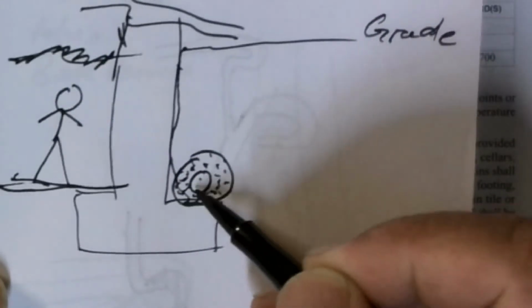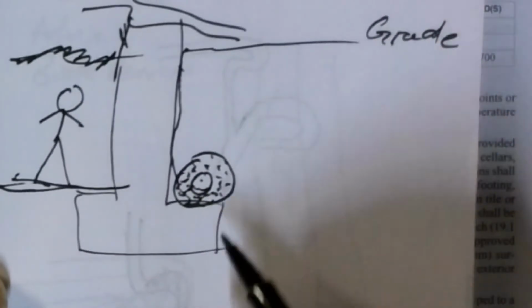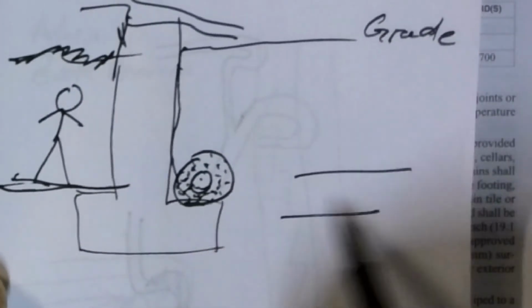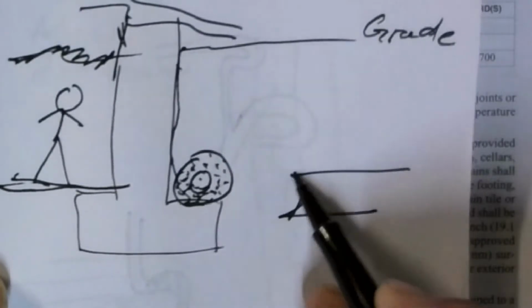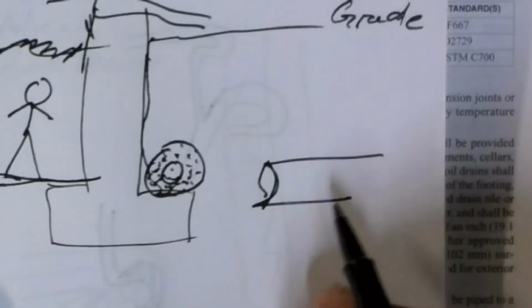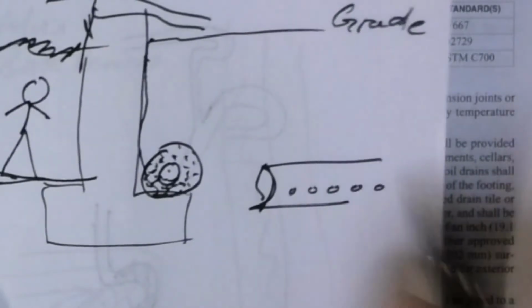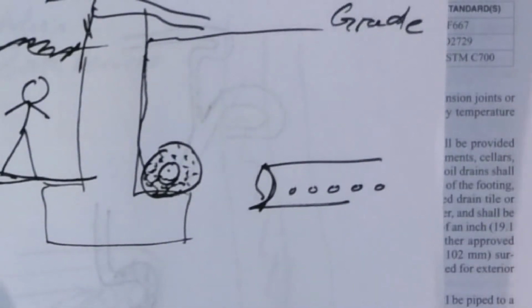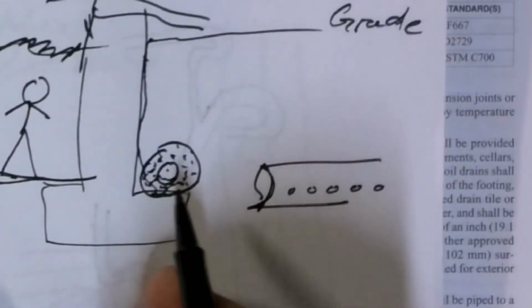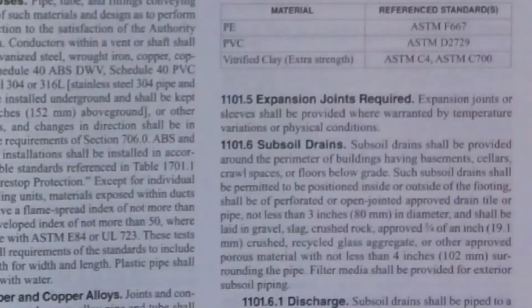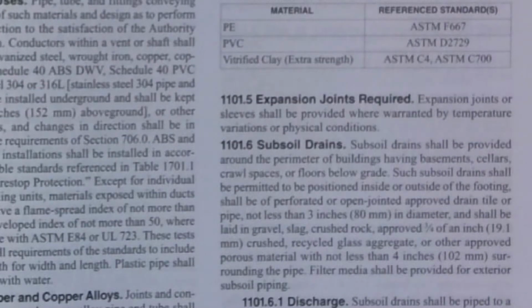And it's going to get into this, and it's going to flow out. Now the pipe itself is going to have perforated holes on it, so that the water can come into it as it drains out. And that goes all the way around the exterior of the building, wherever there's a basement or anything like that.